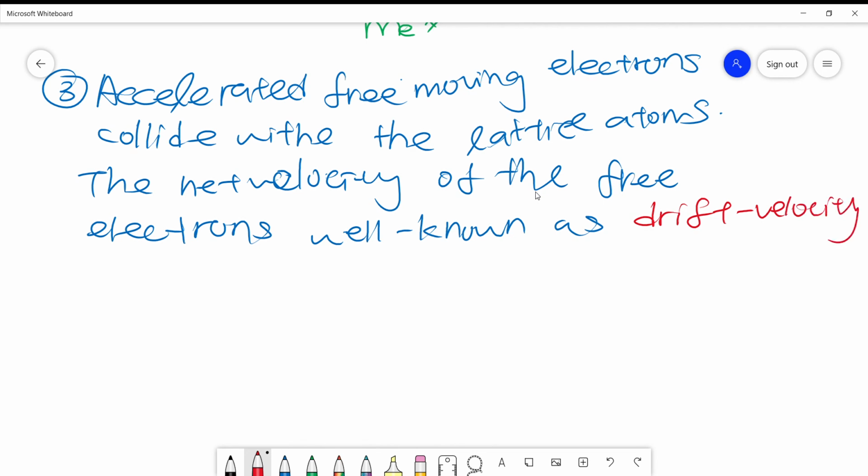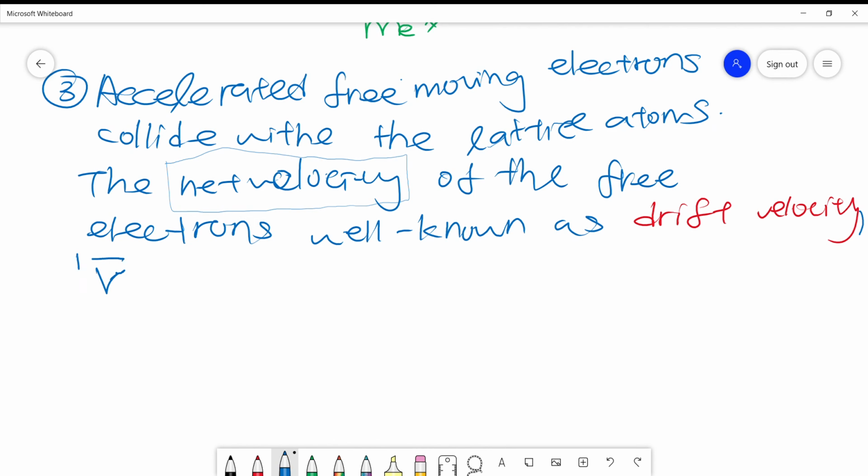Okay, so this does not have a dash. The net velocity of the free electron is also well known as the drift velocity. So the net velocity is due to the collision of free electrons with the atoms. The drift velocity has a symbol which is v, and above v we add a bar.